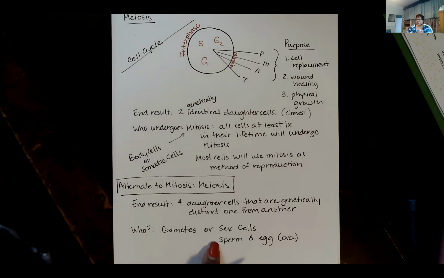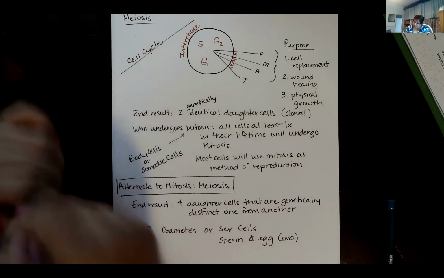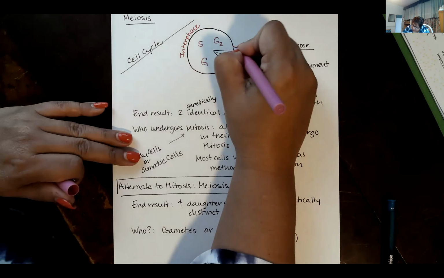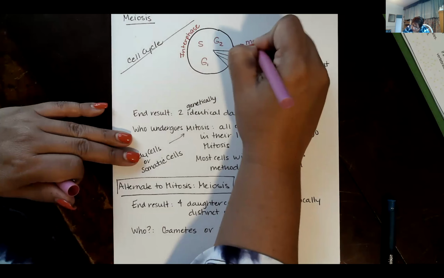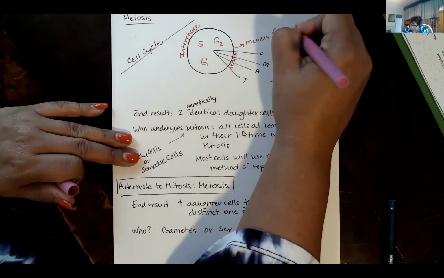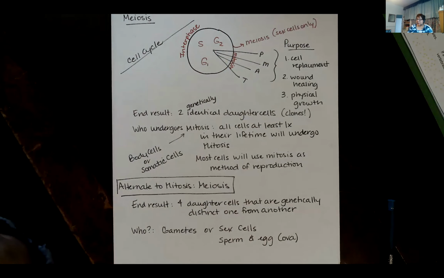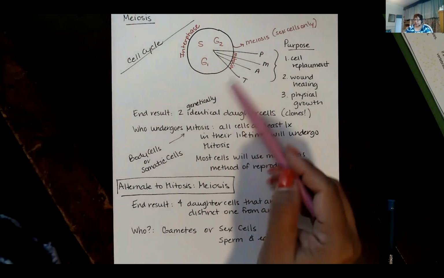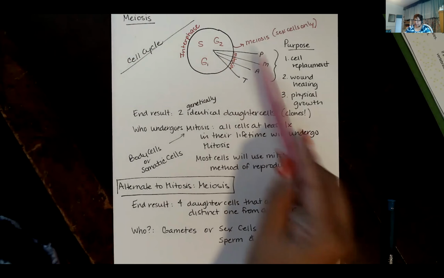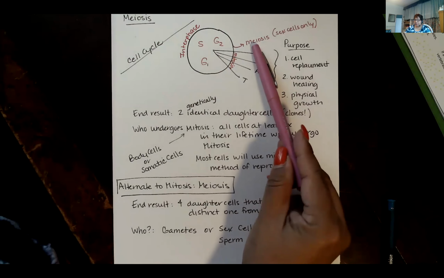So where does meiosis fit in the cell cycle? Meiosis fits right here at G2. Sex cells, instead of undergoing mitosis, take a little side road and do meiosis.